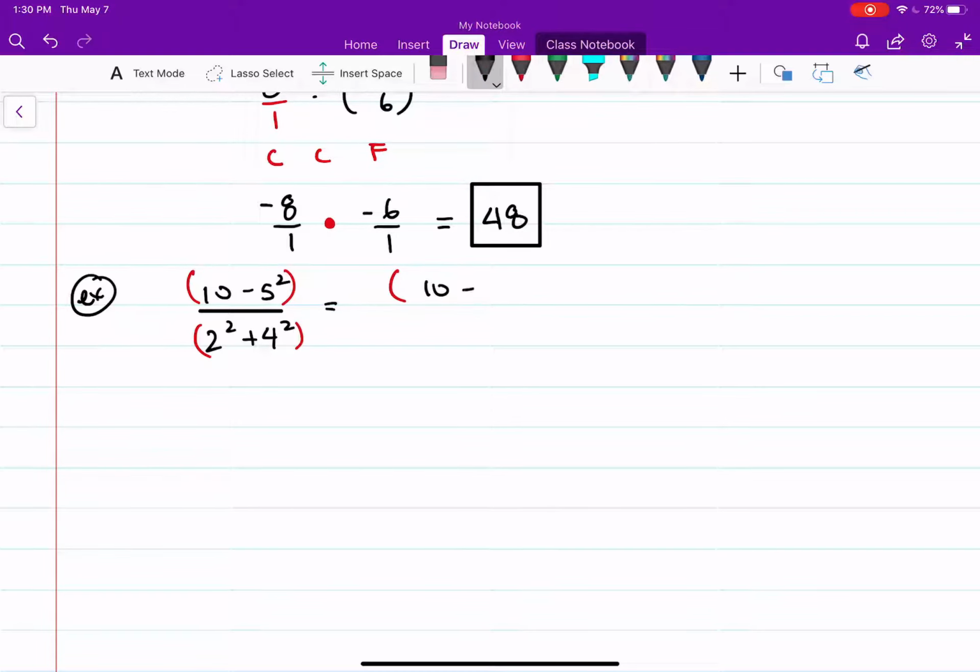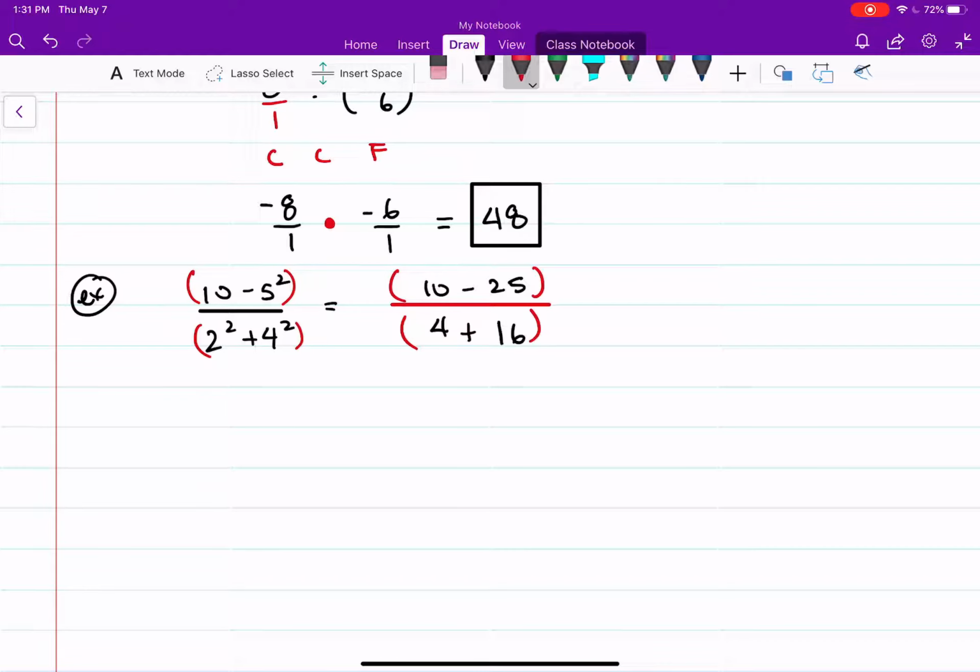So I have 10 minus 5 squared. 5 squared means 5 times 5, which is 25. It's going to be 25 over 2 squared is 2 times 2, plus 4 squared is 4 times 4.